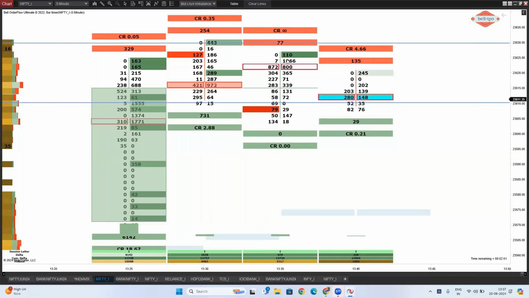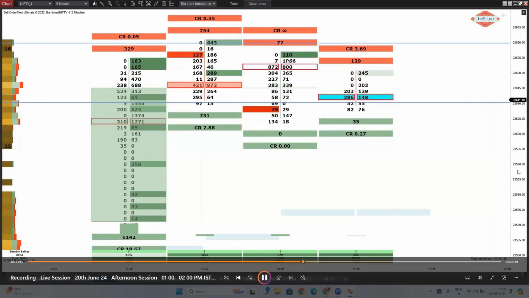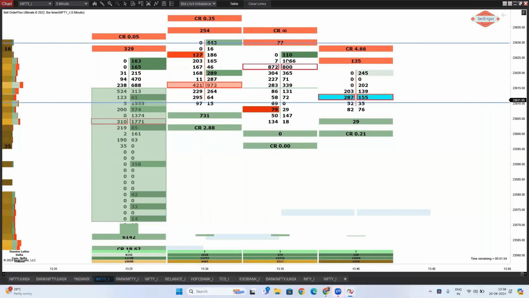So thus far it's an exhaustion bar and trapped buyers. Trapped buyers are one form of absorption, kind of smart money absorbing the buyers. So exhaustion bar and absorption bar it is.